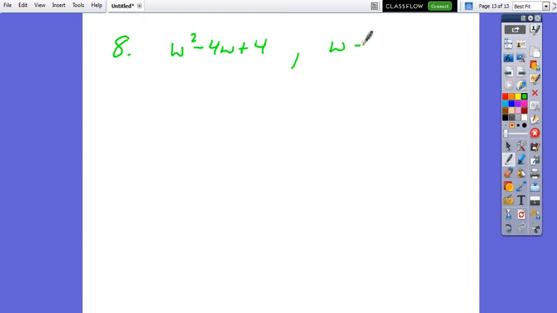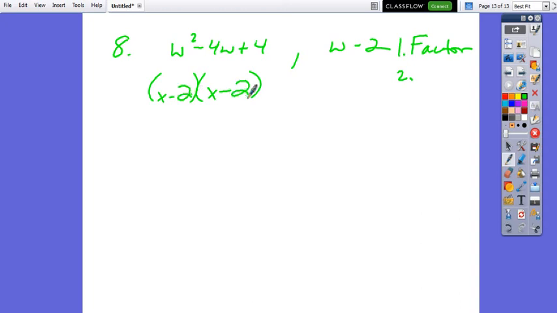So the first thing we need to do is factor. When we factor, we're going to break this first one into 2 sets of parentheses. You're going to have a w minus and a w minus. What are the factors of 4 that combine to give you negative 4? 2 and 2, right?